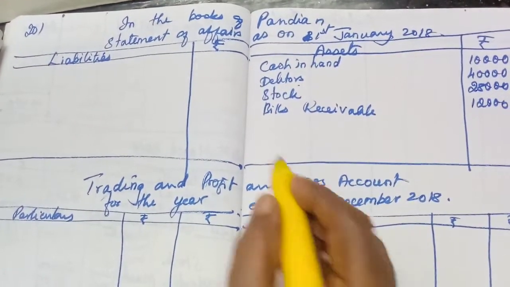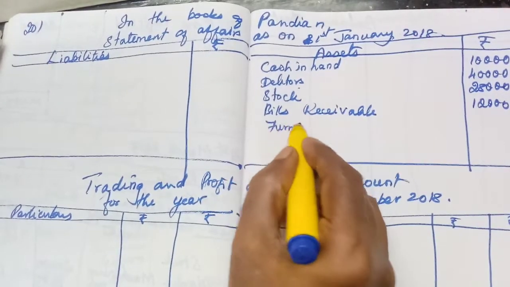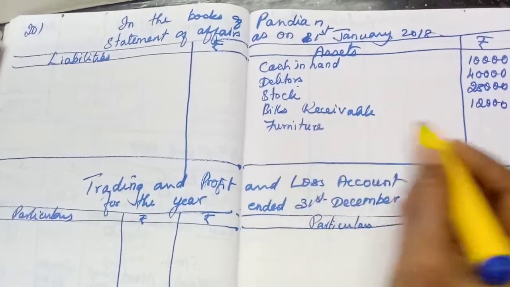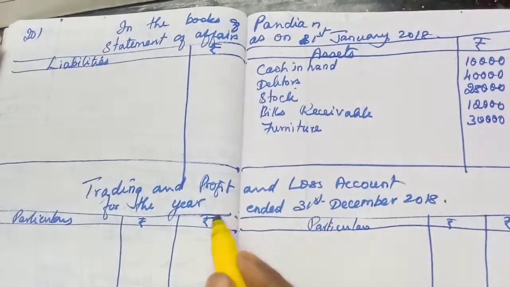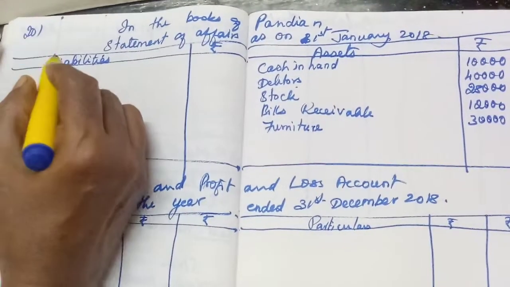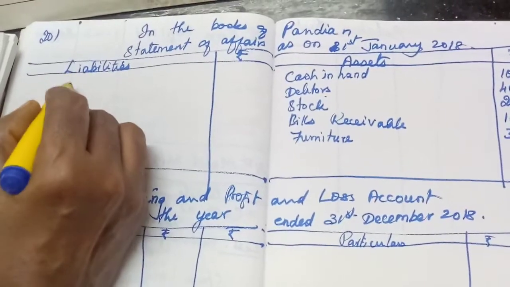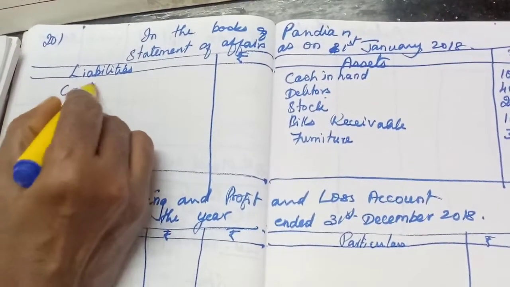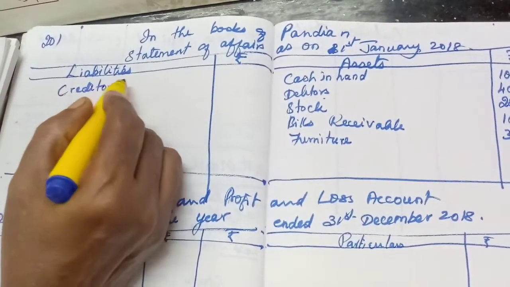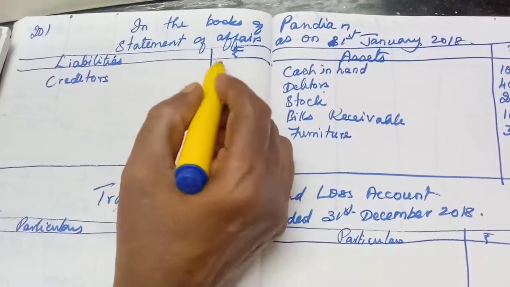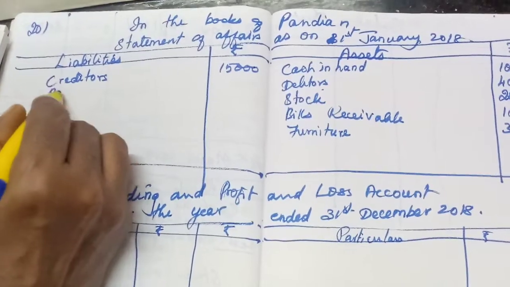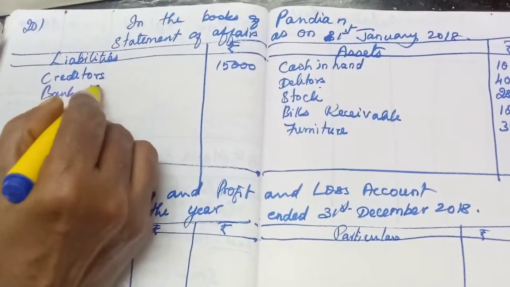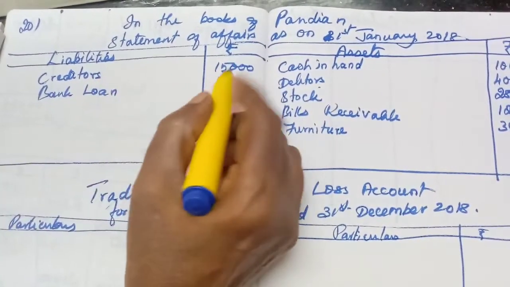Then last furniture, fixed asset, 30,000. Okay, now the liability side, bank loan and creditors. First you write creditors. That is the short-term liabilities, creditors 15,000. Then bank loan 25,000.